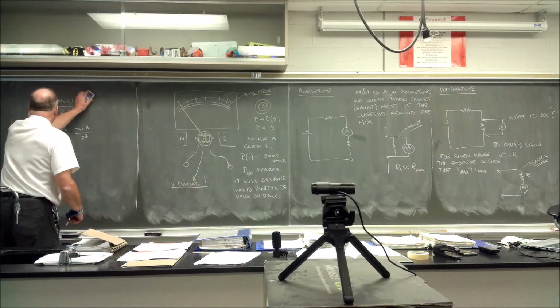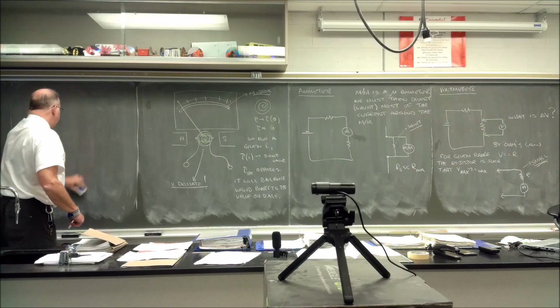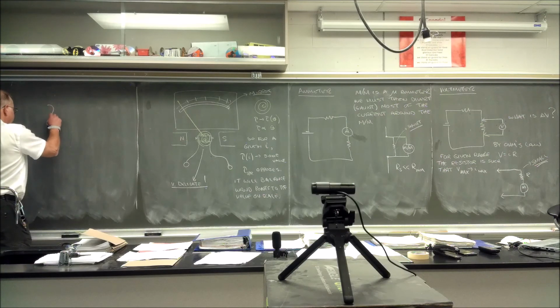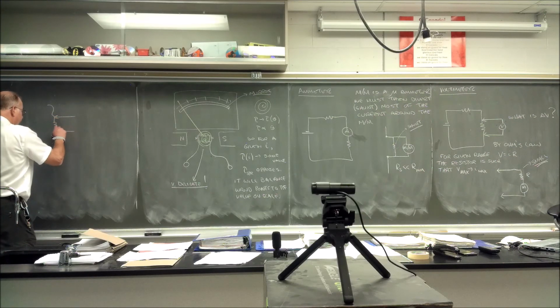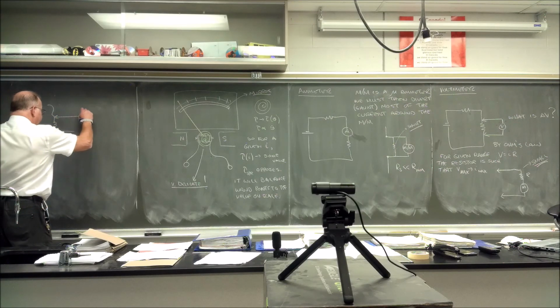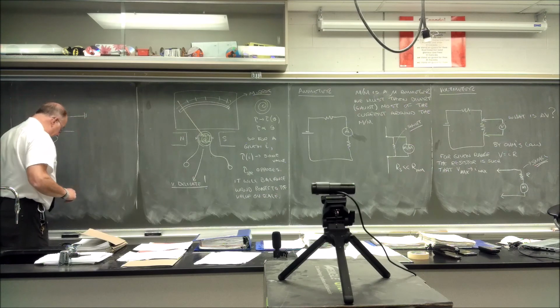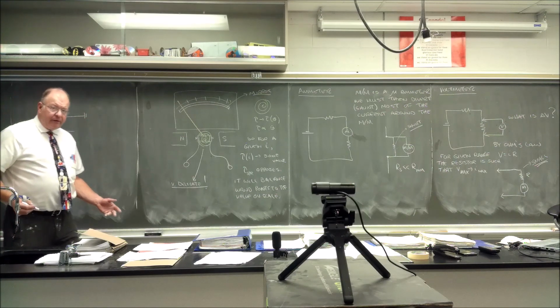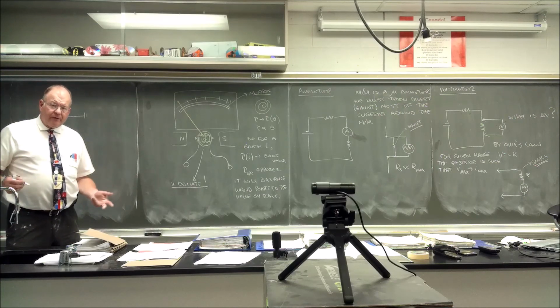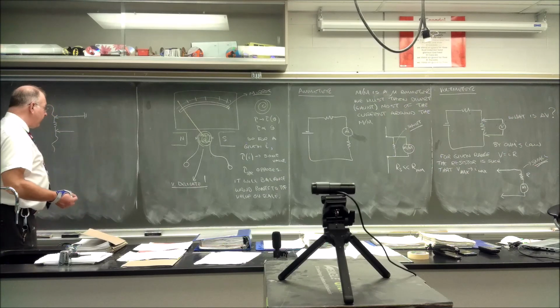And just for completeness, I'll do it over here for measuring resistance. In this case, you have a resistor that's not connected to a circuit, and you have your probes attached here. But in this case, the meter has a battery in it, as many of them do. That battery runs the electronics in those meters as well as this.